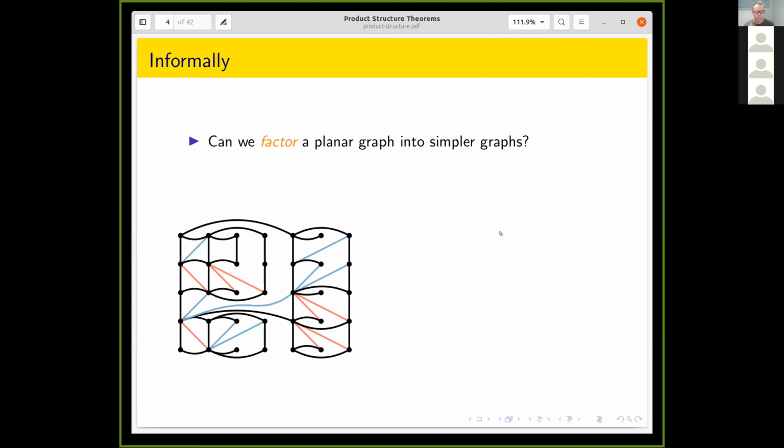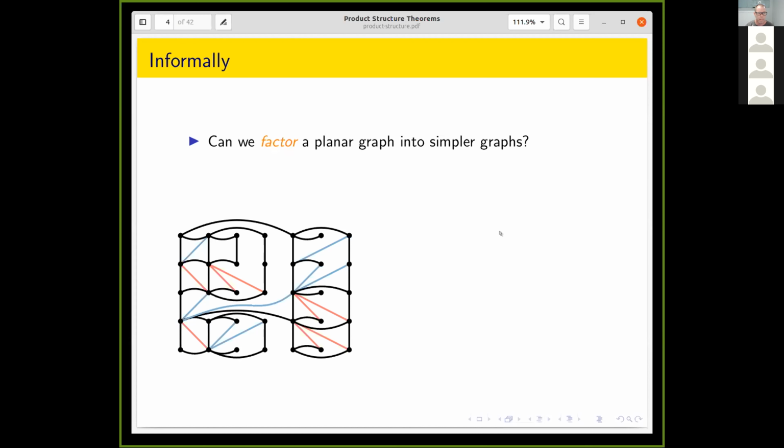Okay, so given that planar graphs are fairly far down the list, you might ask, well, is there a way to deal with them, or some nice way to deal with them? And since this is a talk about product structure, the question I would like to talk about is, can we factor a planar graph into simpler graphs?